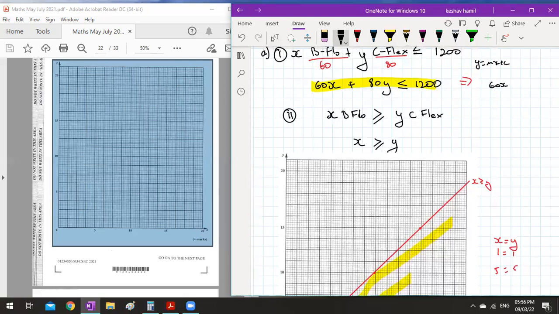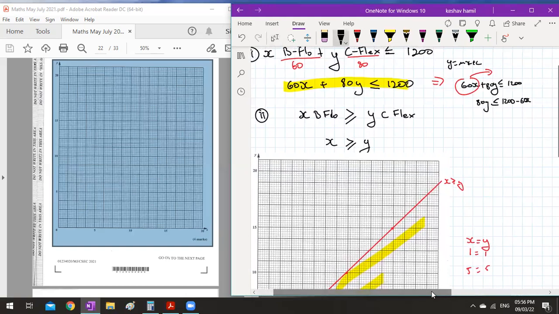So 60x plus 80y is less than or equal to 1200. So 80y is less than or equal to 1200 minus 60x, carrying the 60x across and it becomes negative.